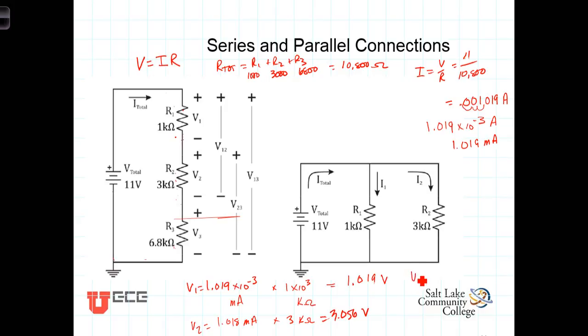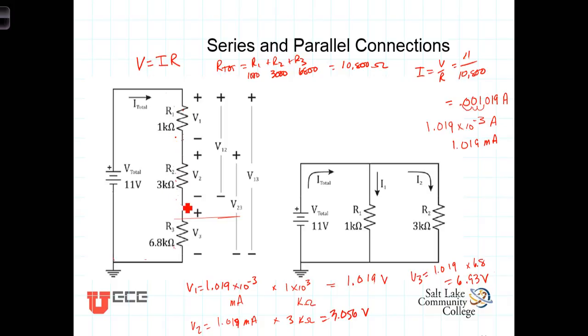And finally, V3 would equal this 1.019. I don't know why I said 018, it's 019 over here. 1.019 milliamps times 6.8 kiloohms, and that equals 6.93 volts.